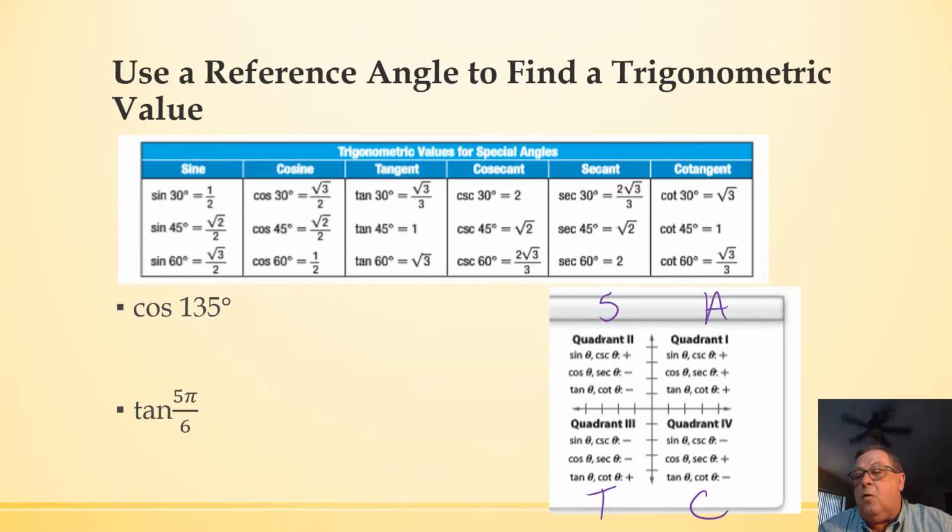And then in quadrant 4, calculus, C, that tells us if we're in quadrant 4, our cosine and our secant functions will be positive, but our sine and our tangent and their reciprocals will be negative.